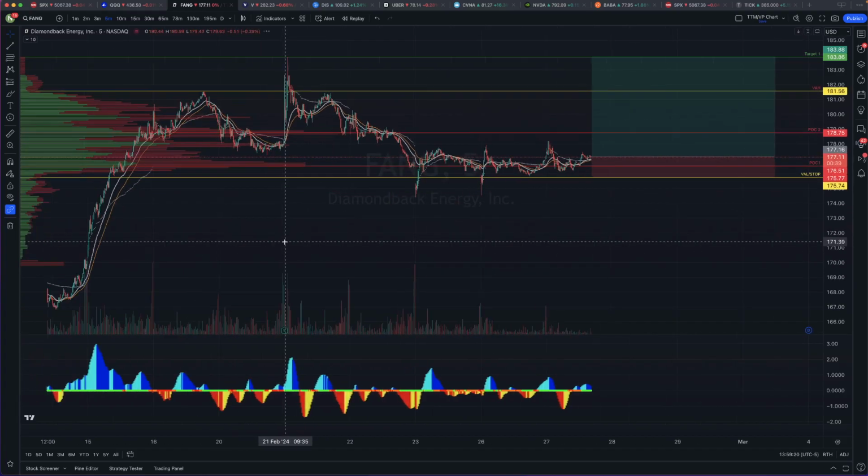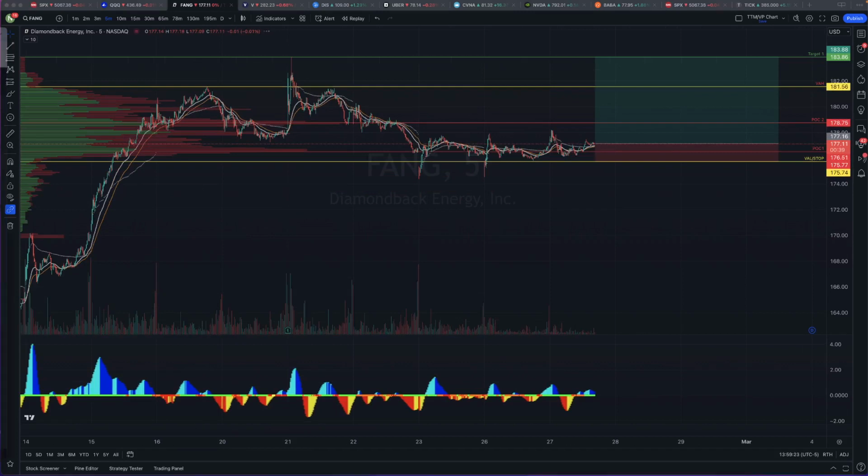Okay, thank you. Stopped out of that. Did not roll over the way I wanted it to. That's okay. Small loss, right?